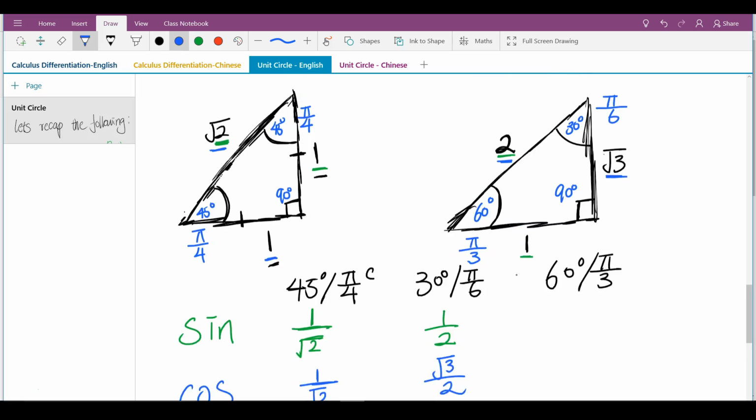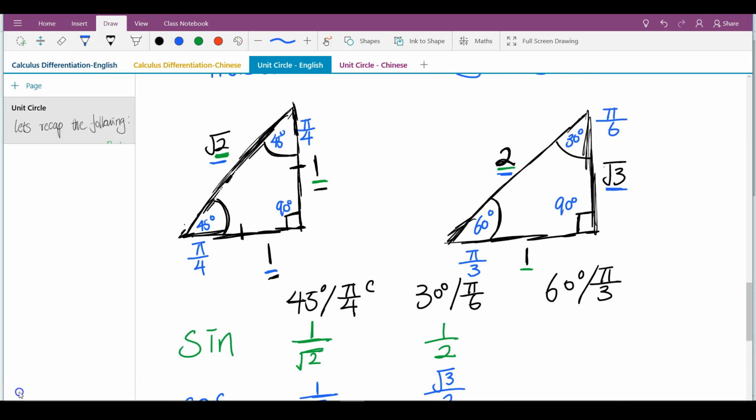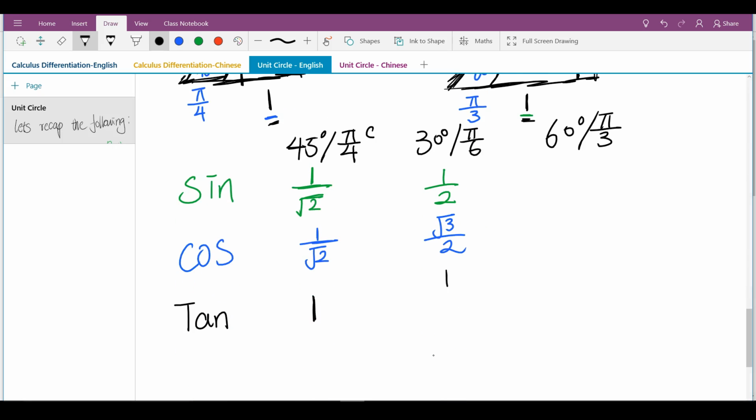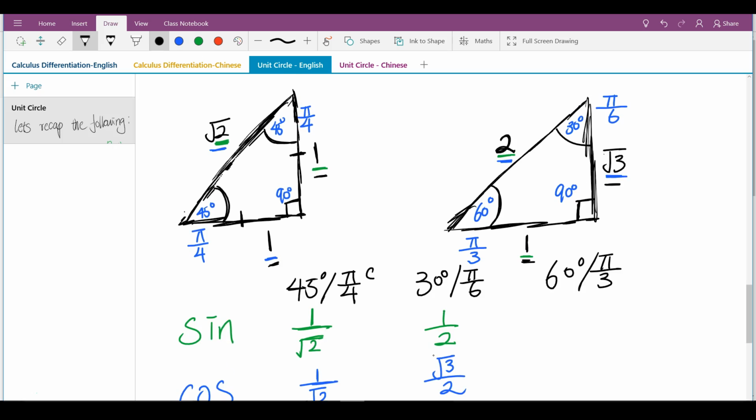Cool. Now tan is just opposite over adjacent. So it would be 1 over root 3. Right? So far so good.